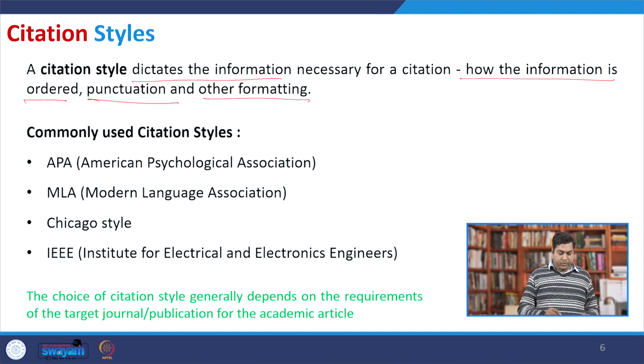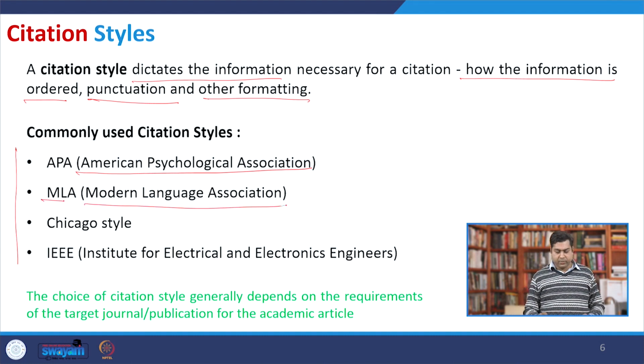Here we will be discussing 4 of the most common citation styles that we follow in our research papers. One is APA, the American Psychological Association; MLA, the Modern Language Association; then the Chicago style; and then IEEE, the Institute of Electrical and Electronics Engineers.